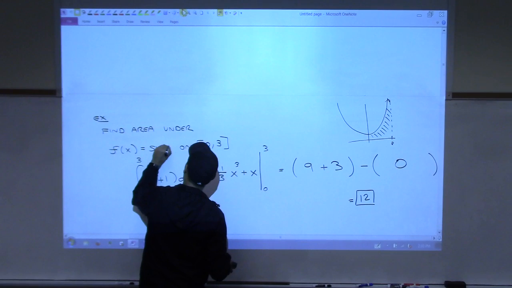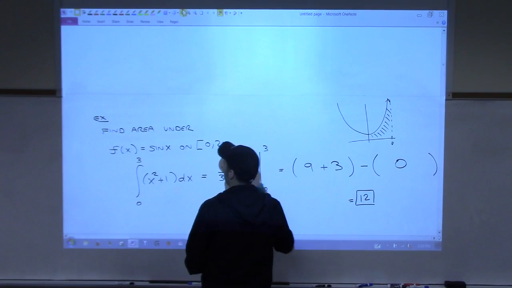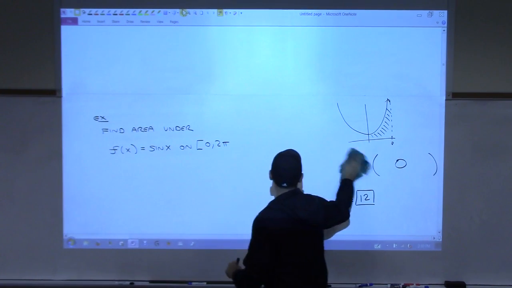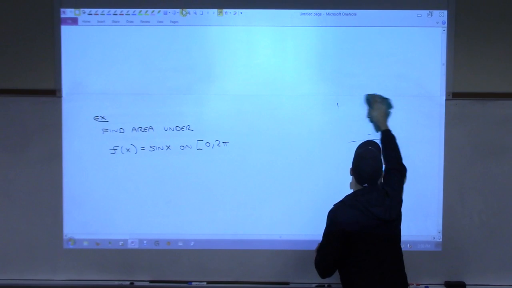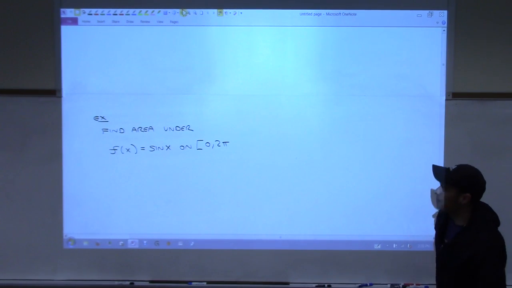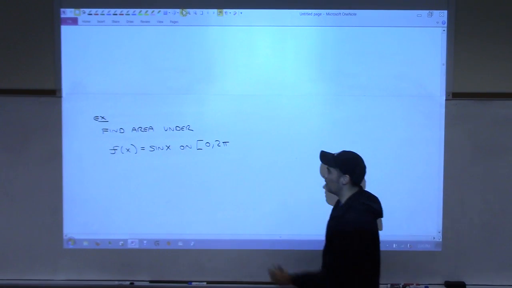Okay. I think we can do one last one before we call it. I want the antiderivative, or sorry, the area under the sine curve between 0 and 2 pi. Forgot to close this off.